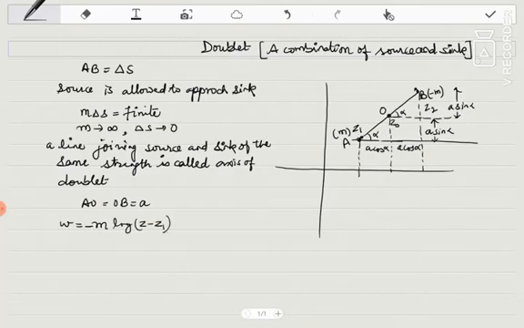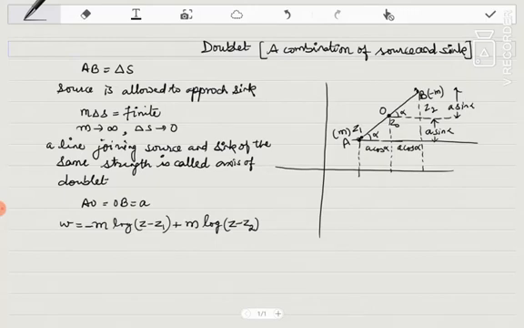Because if your source is at origin, then we write minus M log Z, but since our source is at the point Z1, I'll write minus M log (Z minus Z1). Similarly, I'll write for the sink. Our sink is at B, the strength of the sink is M, so M log (Z minus Z2), as it is situated at Z2.